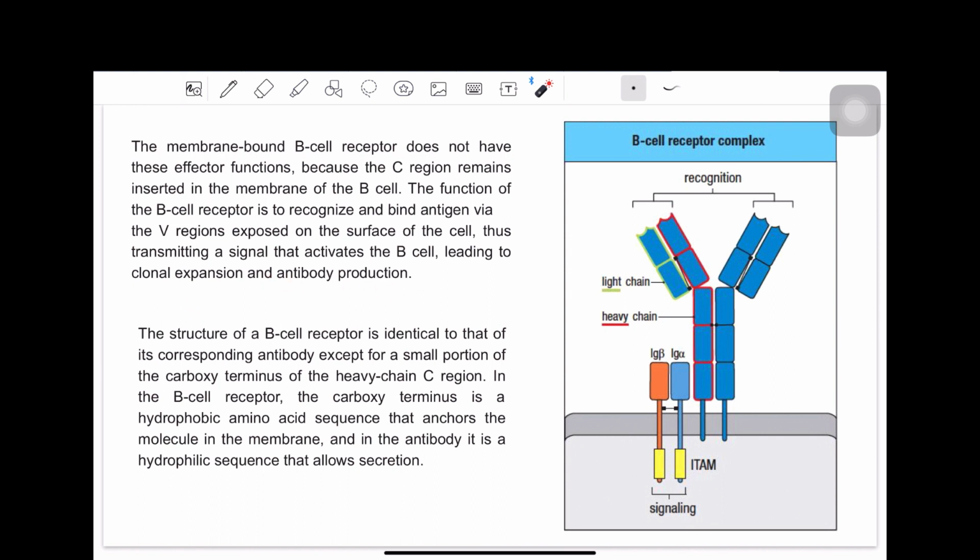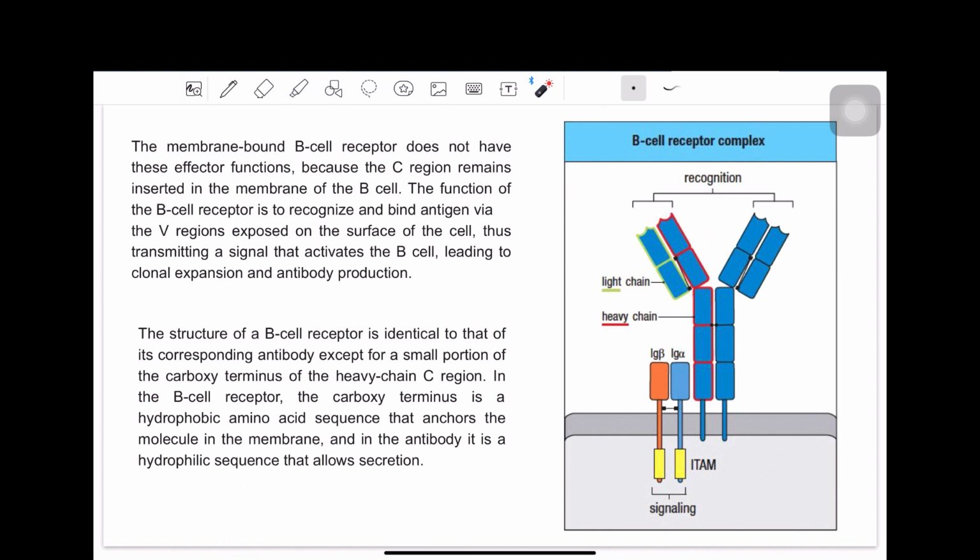So that particular B cell, which is activated by the antigen, will be clonally expanded. So it will produce its clones so that it can produce its antibodies.